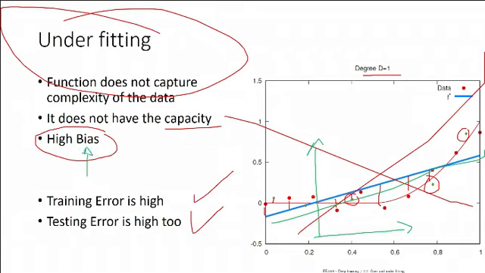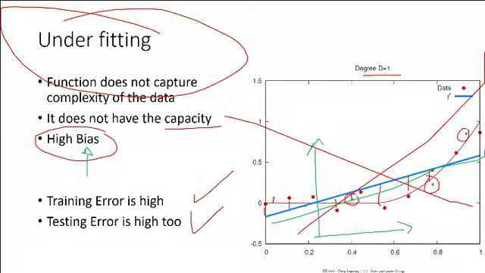Now, this is not a bad thing if we have only a few samples. If you have only 20 or 30 samples, and that's all you have, and you're pretty certain what kind of representation it would be, then you can pick a low degree polynomial and represent your data with it, and say that you've trained it well.